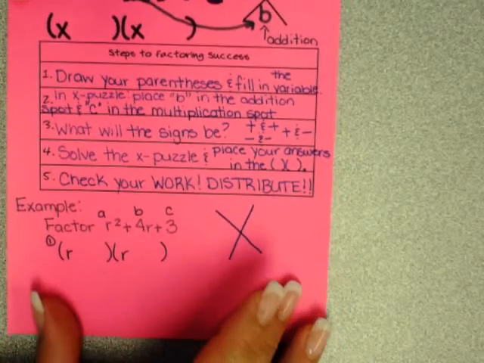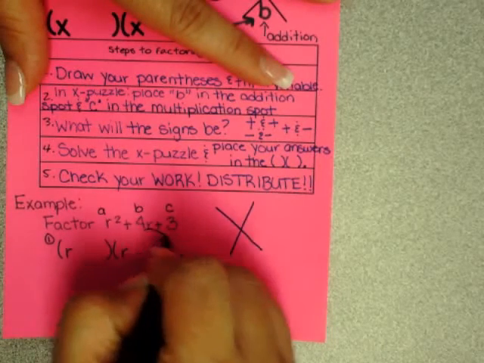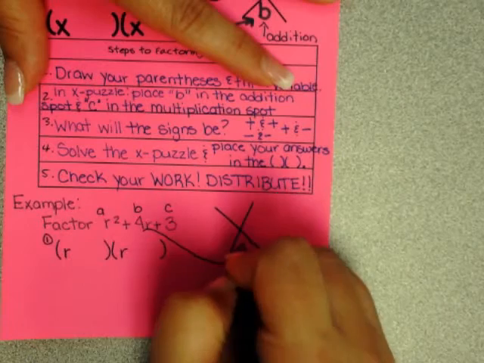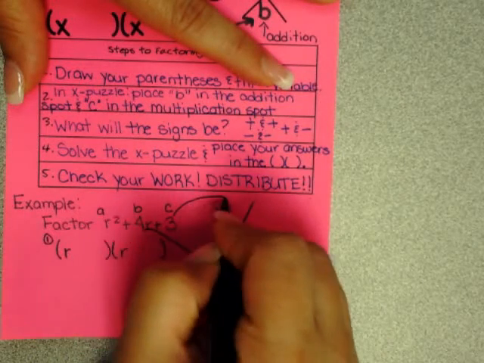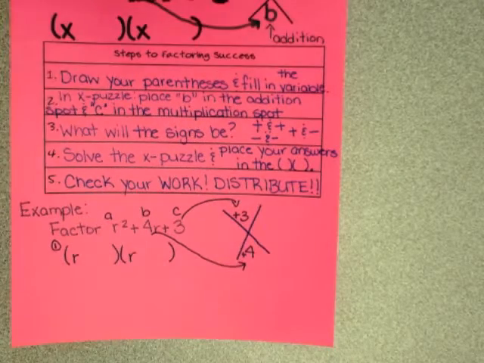Okay, so scooting back up. This B right here is going to go into the bottom, so that's 4, and it's positive. Our C right here is going to go into the top, and that's a positive 3. You don't have to take your signs with you for positives, but get in the habit of it so that when you have negatives, you can take the signs very easily and you don't forget them.